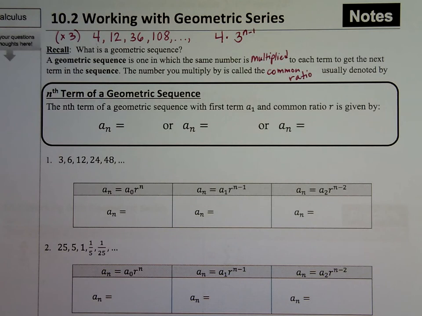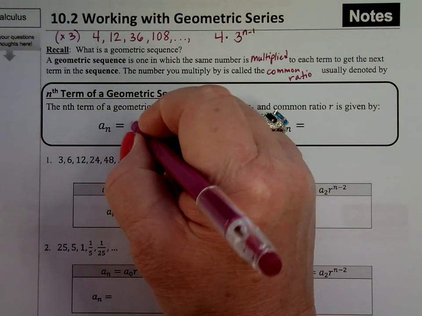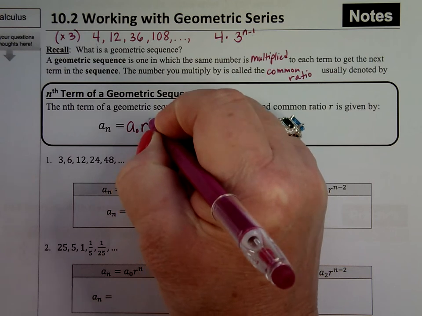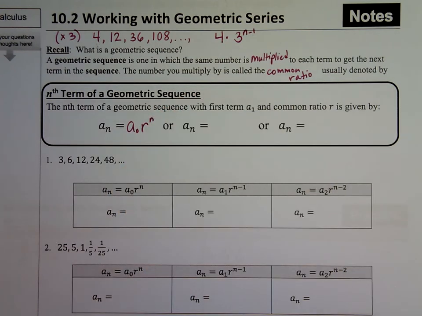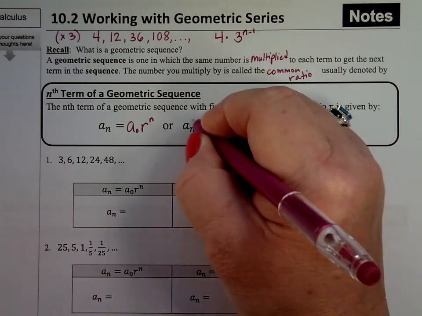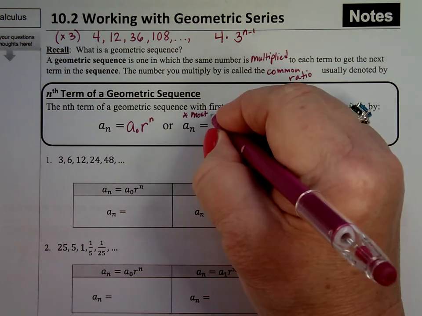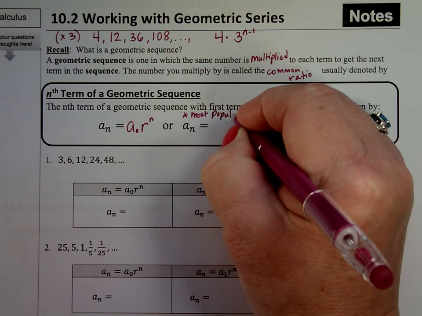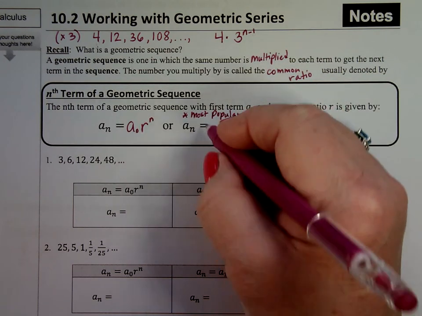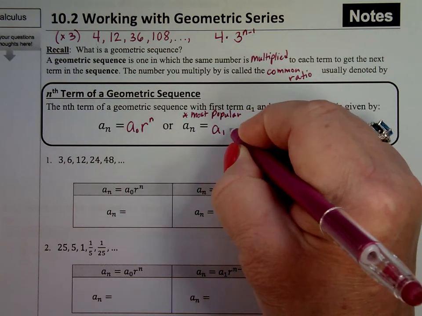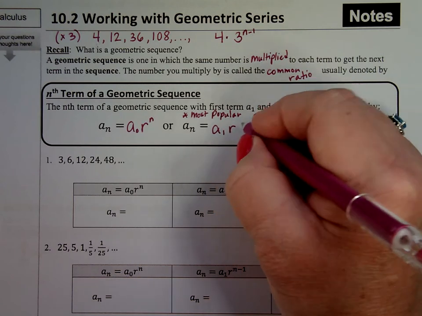So the nth term of a geometric sequence, what they're talking about in the big box, would be a sub 0 times r to the n. This is the most popular one that I'm going to give next. These are all equal to one another. Most popular is this guy where you have a sub 1 r to the n minus 1.